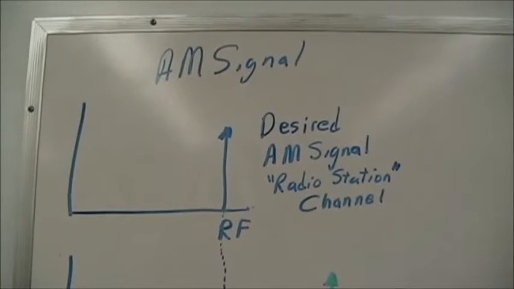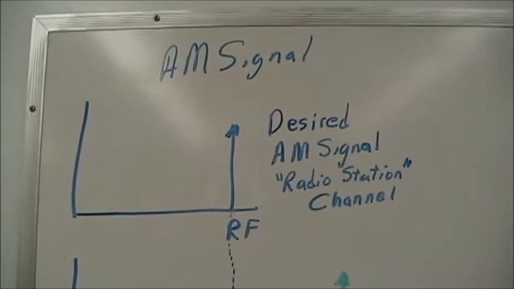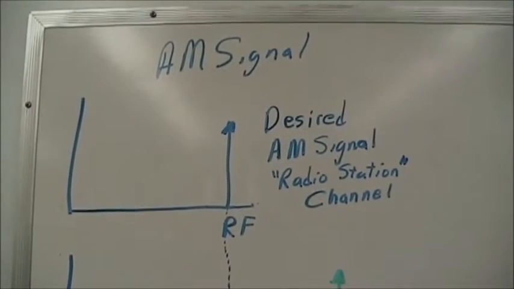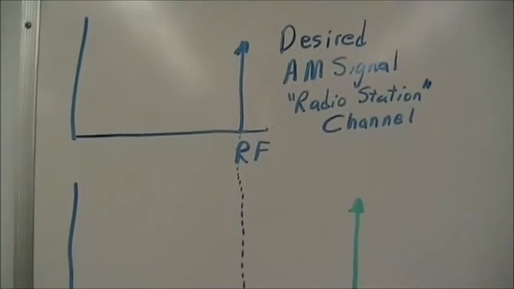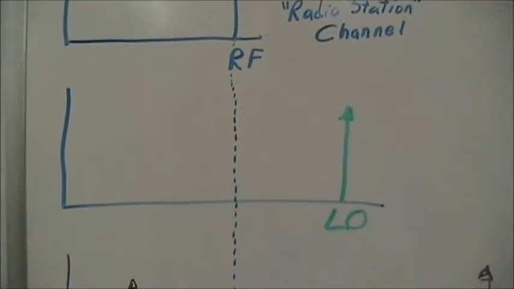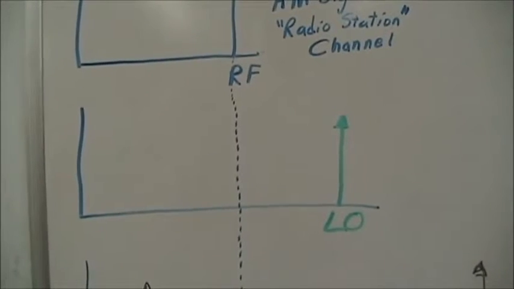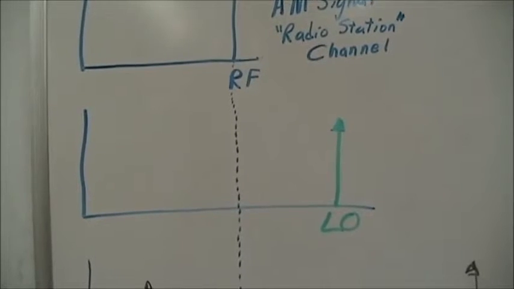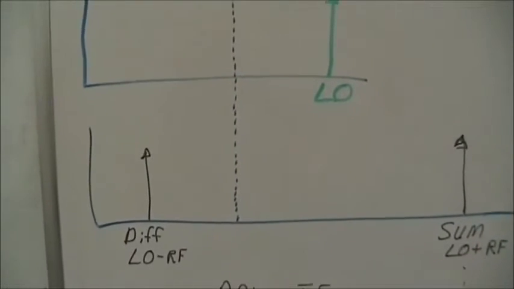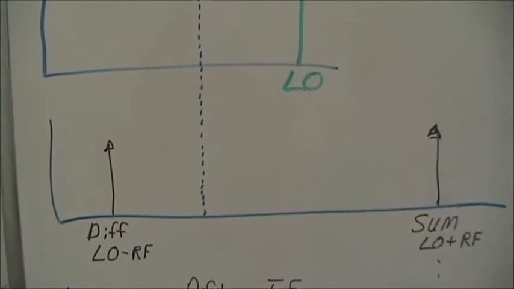In the frequency domain, the AM signal is represented as the RF signal. This is our radio station channel frequency. The LO signal is simply a sinusoidal oscillator at a given frequency. After the mixer, we have the sum and difference products.